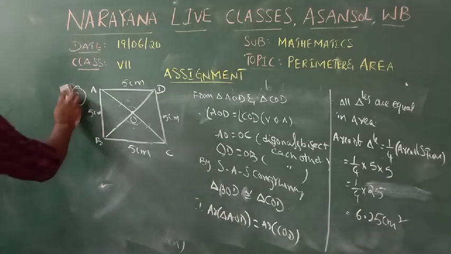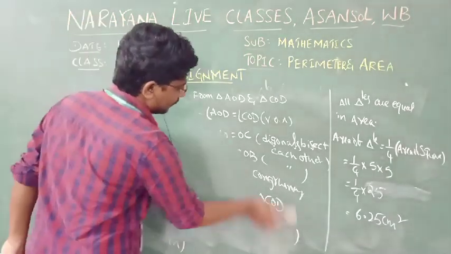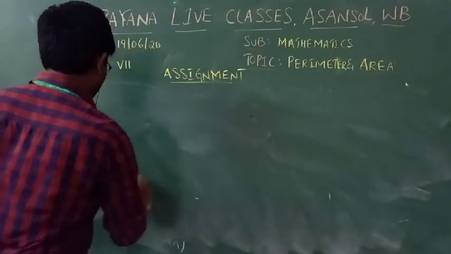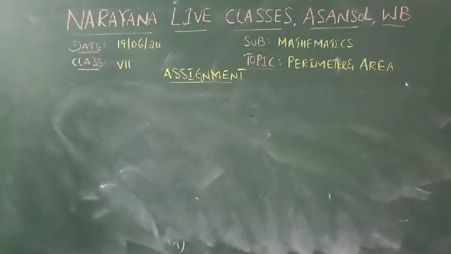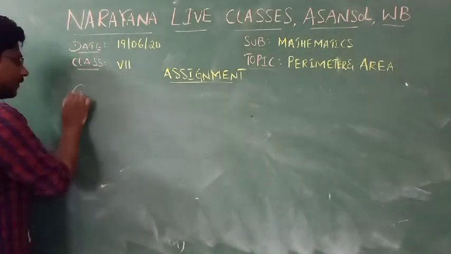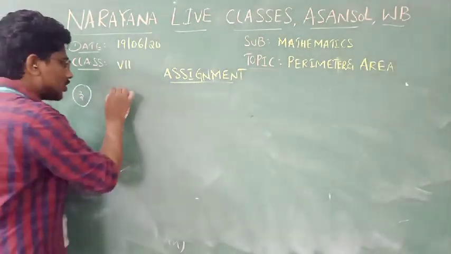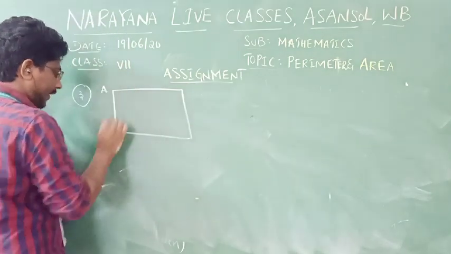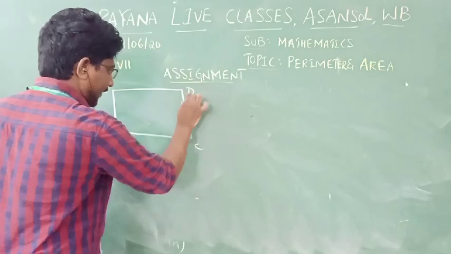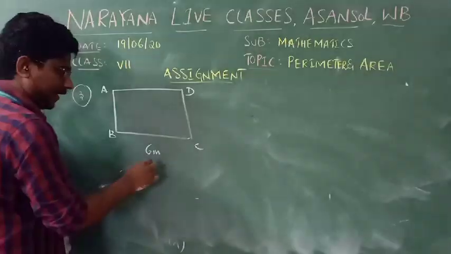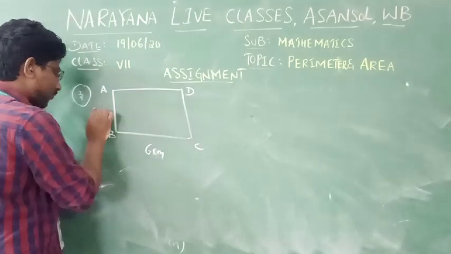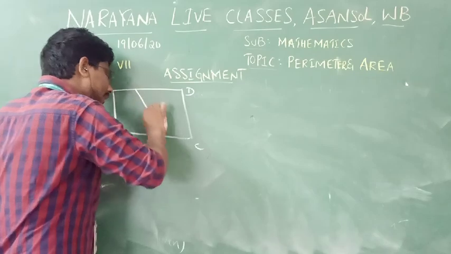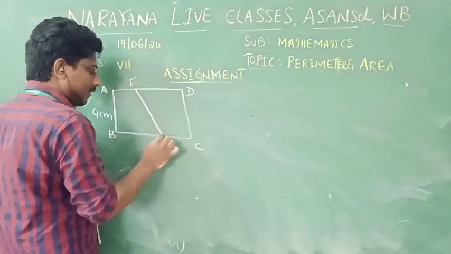Next, if you go to the third question, the third question is there is one rectangular sheet ABCD of length 6 centimeter and breadth 4 centimeter, and this rectangle is cut with a line segment EF.